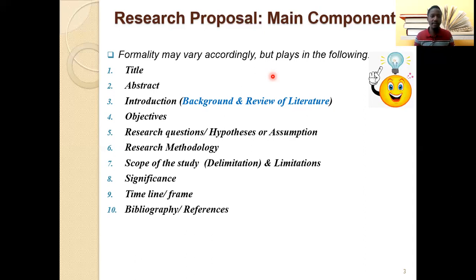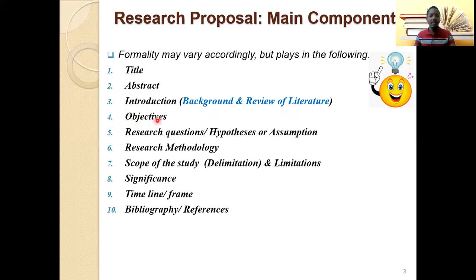Within this research proposal, we have the title, and we have an abstract. I have tried to explain the types of abstract, including the type which can be written before an individual has the data in hand. Then we have the introduction, with the background and some review of literature.